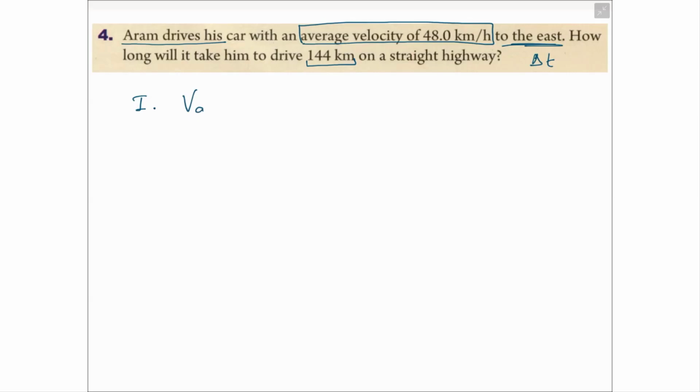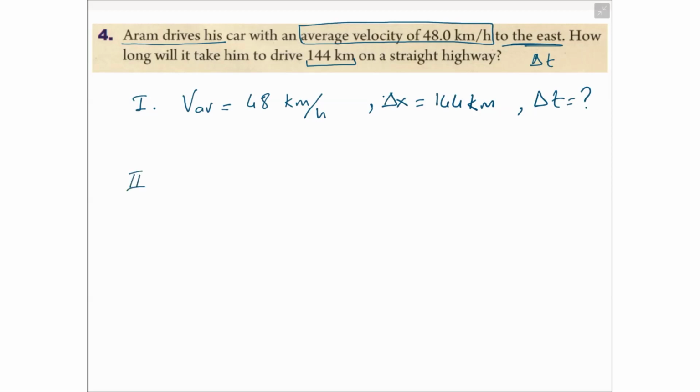We have v average, which equals 48 km per hour, and we have delta x, which is 144 km, and the question says how long. That means what is the delta t.